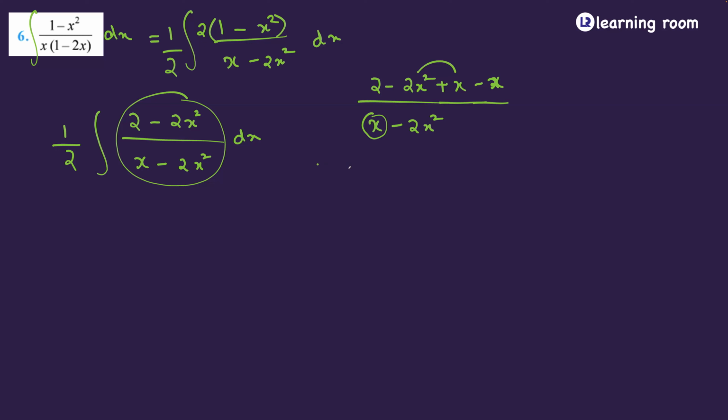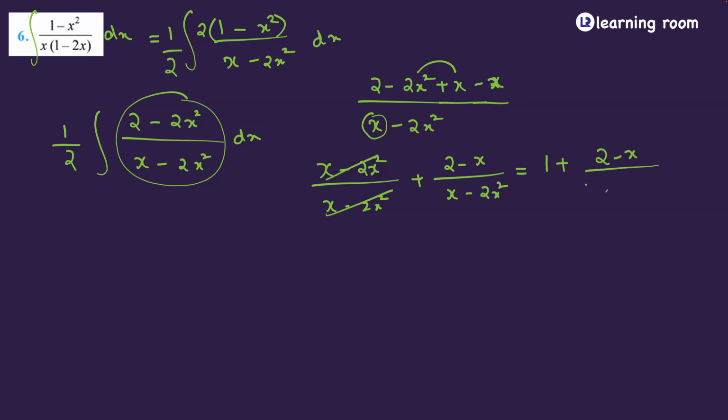So can I write it as x minus 2x square divided by x minus 2x square plus 2 minus x divided by x minus 2x square. Make sense? Okay. Now, this and this will get cancelled. So what I'm going to get is, I'll have 1 plus 2 minus x divided by x into 1 minus 2x. Now it is easy for us to integrate.